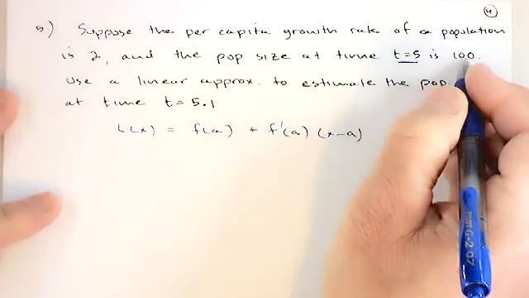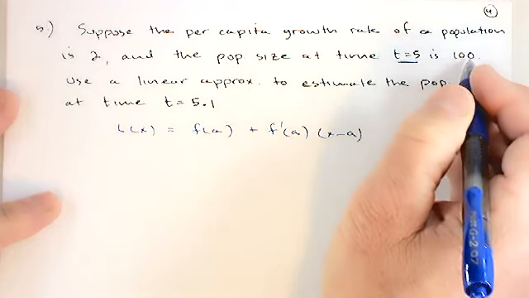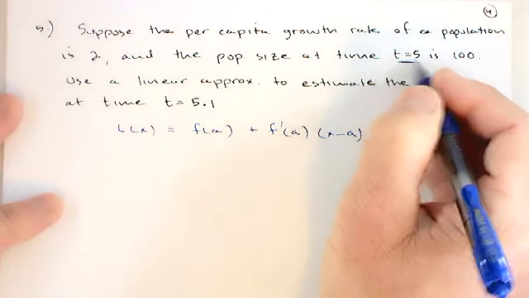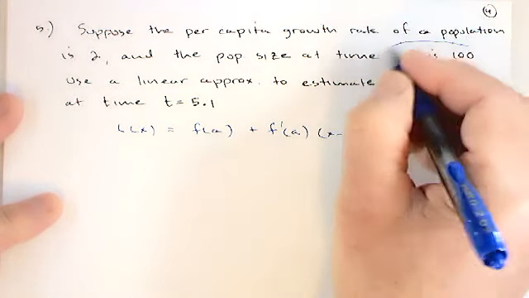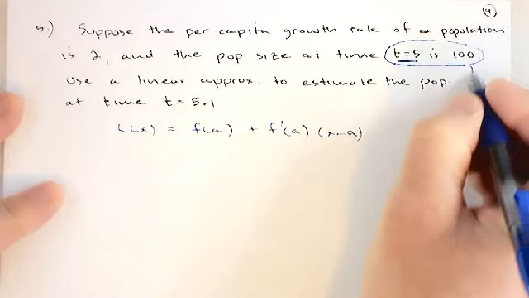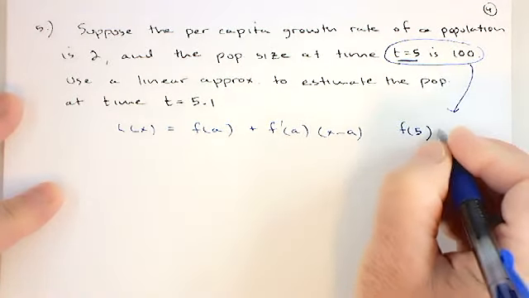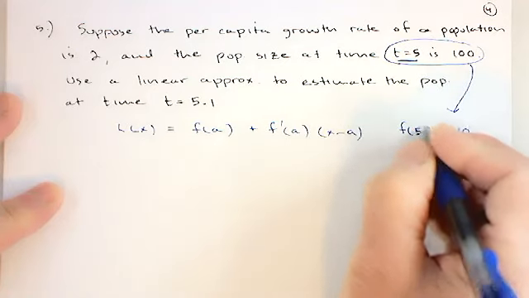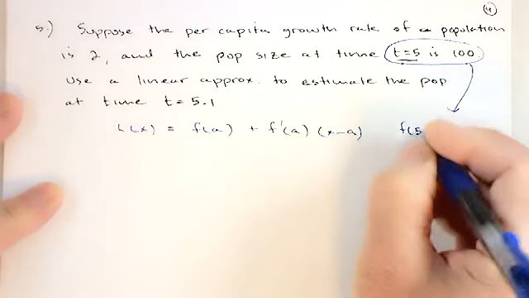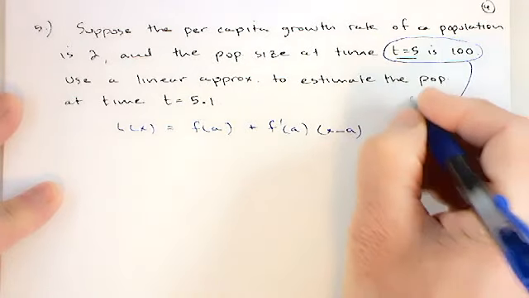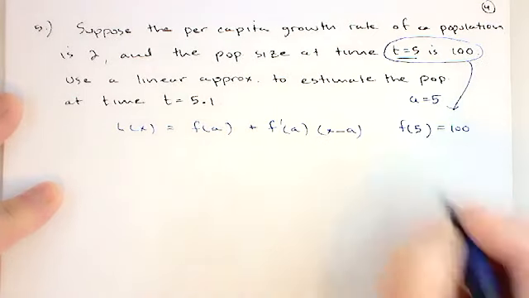We know the population size at 5 is 100. And so you could interpret this as saying whatever the function is for our population, we know that f of 5 is equal to 100, right? In other words, 5 is going to be our a value because it's a nice number.